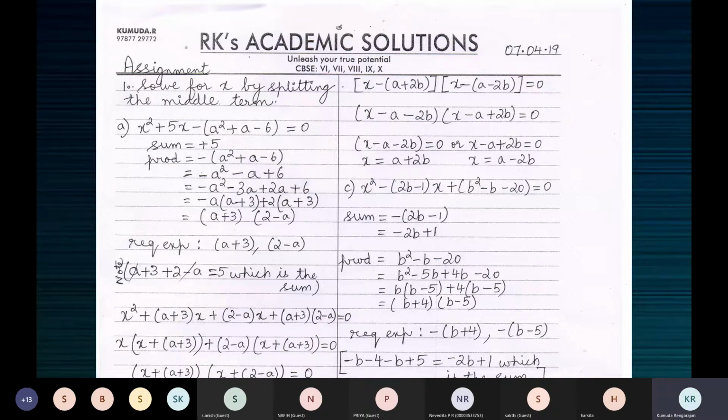So ax square plus bx plus c is the standard form of a quadratic polynomial. When you say it is equal to 0, it is the standard form of a quadratic equation in one variable x.